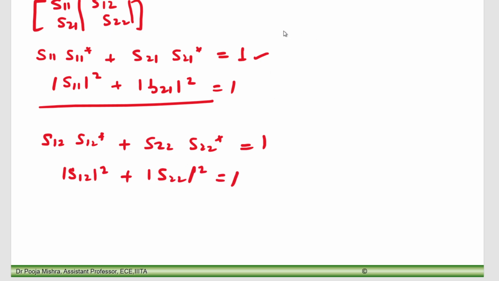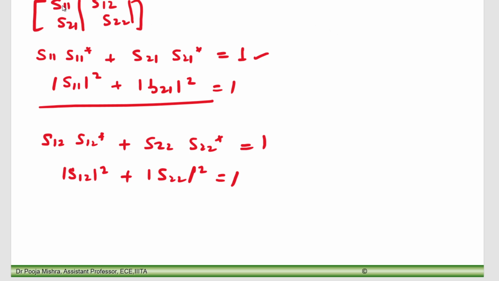And the second and third property, what was that? The sum of products of an element of the scattering matrix in a column multiplied by the conjugate of the corresponding element in another column will be equal to 0.